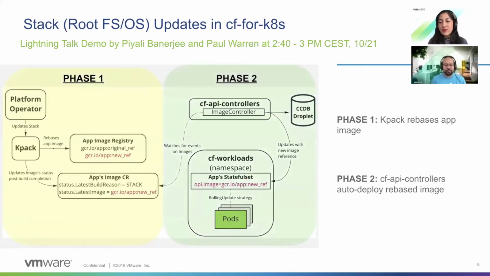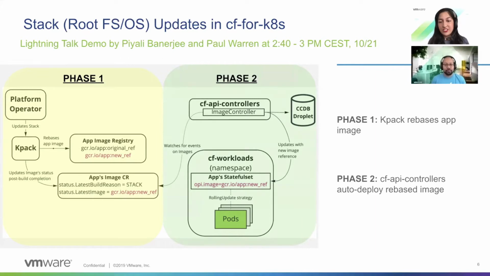The next phase, which is phase 2, is the CF API controllers auto-deploy the rebased image. So there's an image controller in the CF API controllers. In the previous slide, we were talking about the build controller, but now we'll talk about the image controller. The image controller sees that the app's image has been updated with a new image reference, and it also sees that this image has been built with the latest build reason of stack.